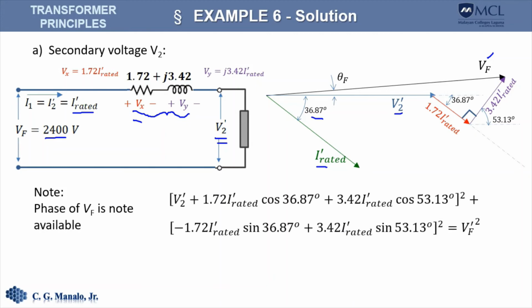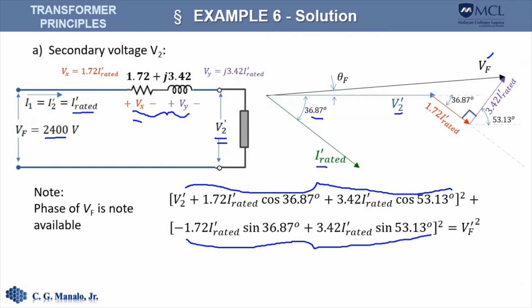So here is the sum of the horizontal components of V sub 2, V sub x, and V sub y. We square that. We add that to the vertical components of the same voltages. So this is the sum of the vertical components.